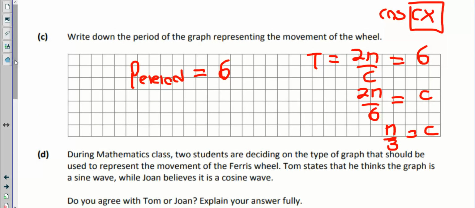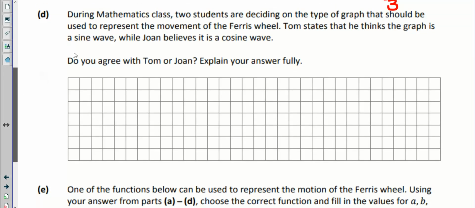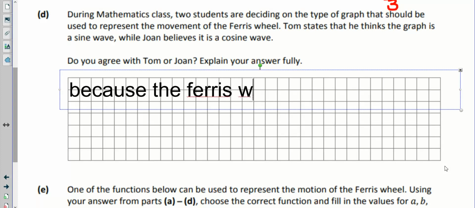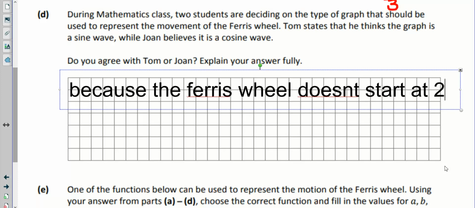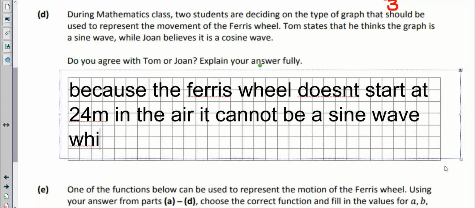All right. So how do we explain this for a couple of marks? Okay. So because the Ferris wheel doesn't start at 24 meters in the air, it cannot be a sine wave which starts at the middle line.